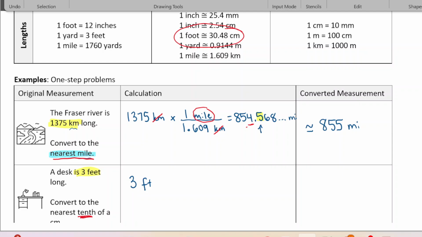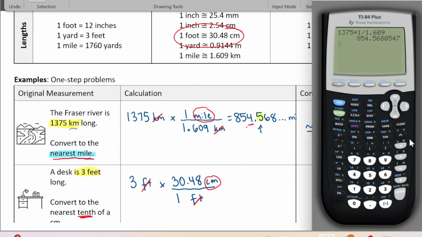And I'm going to set this up so that I have a fraction where I cancel out what I don't want anymore and I put what I do want. So I'm going to put feet on the bottom, 1 foot, because that will cancel the feet out and give me centimeters. I'm going to put that on the top. Okay, so this is what I type into my calculator. 3 feet times 30.48, and you can divide by 1 or not, it doesn't matter.